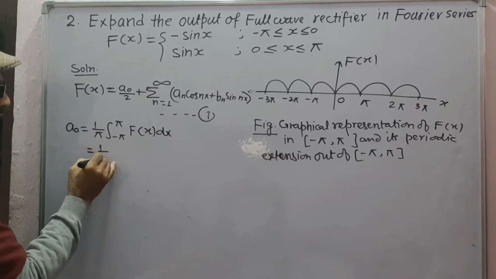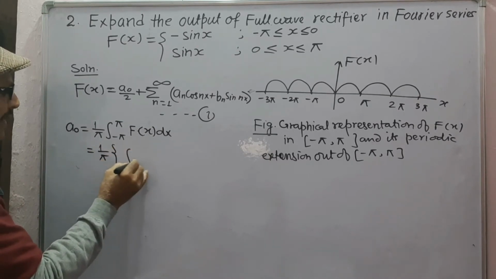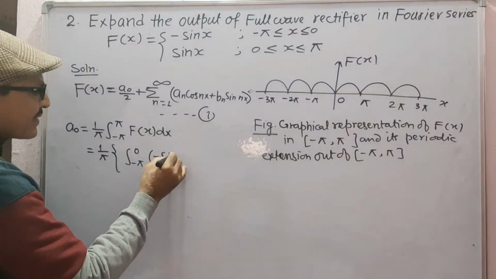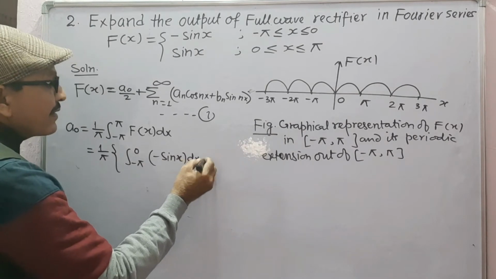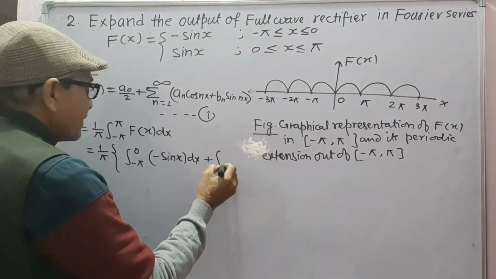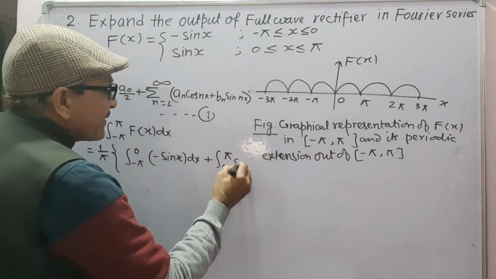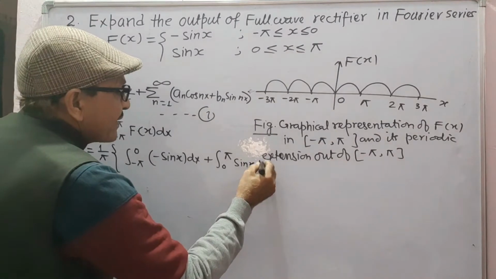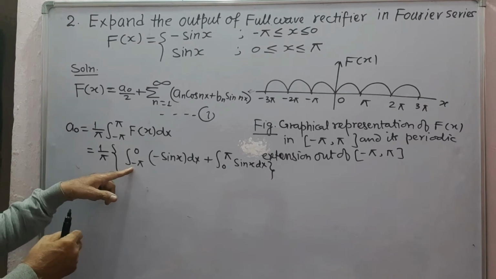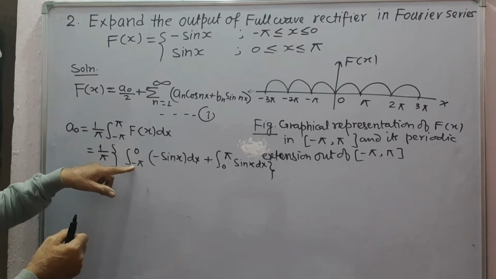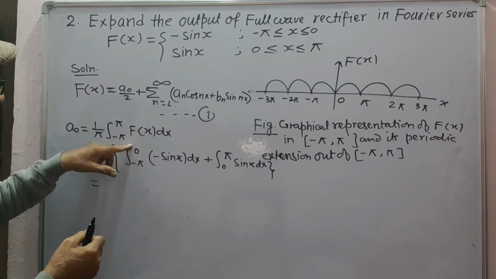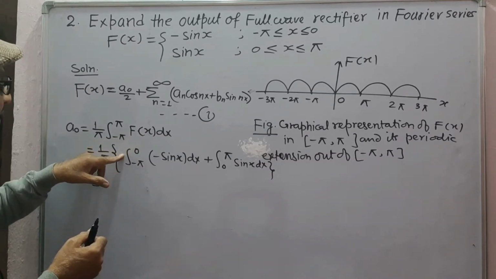So it will be 1 upon pi, integral from minus pi to 0, f(x) is minus sin x, plus from 0 to pi, f(x) is sin x dx. Now if we interchange the limit, this becomes 0 to minus pi, and when minus pi is written as pi, then minus comes here.